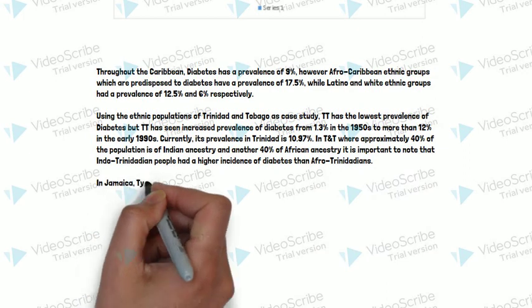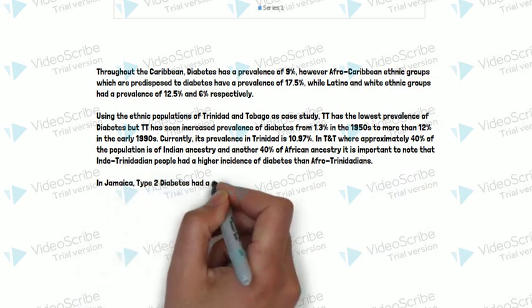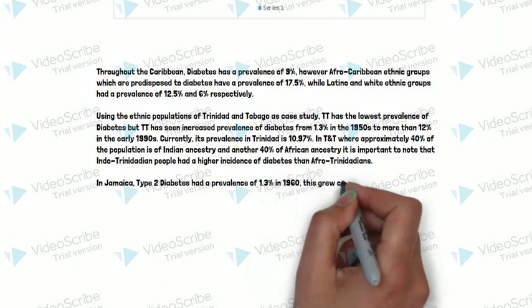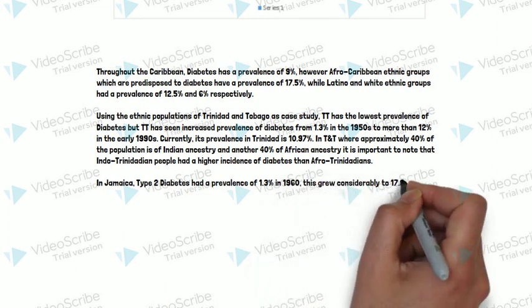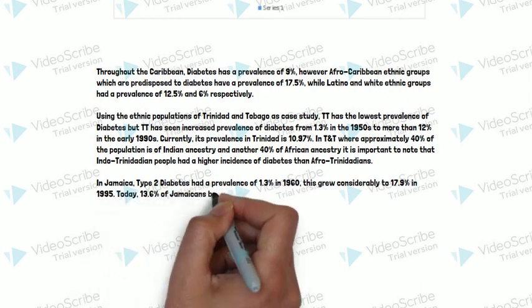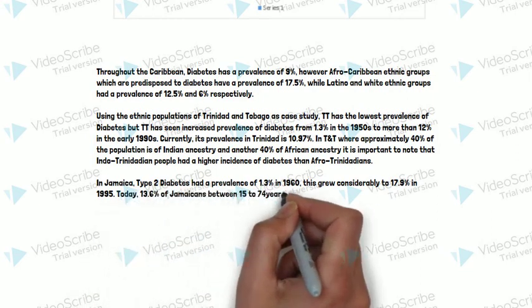Today, 13.6% of Jamaicans between 15 to 74 years of age have been diagnosed with diabetes, and in Barbados, 14.8% of the population has been diagnosed with diabetes.